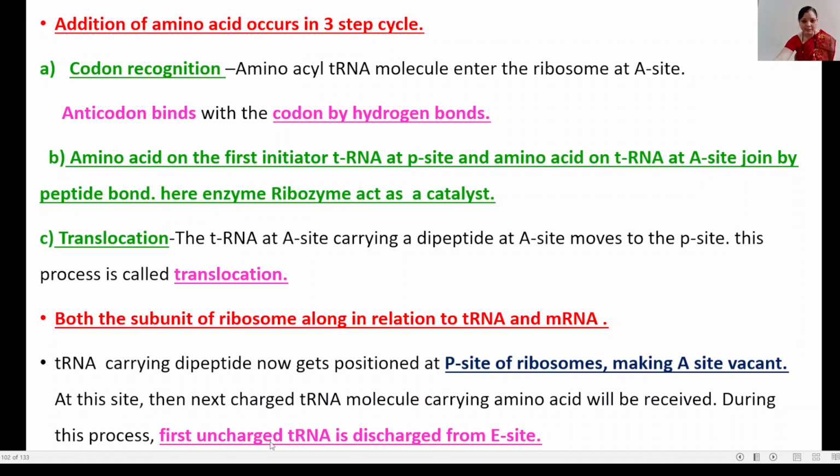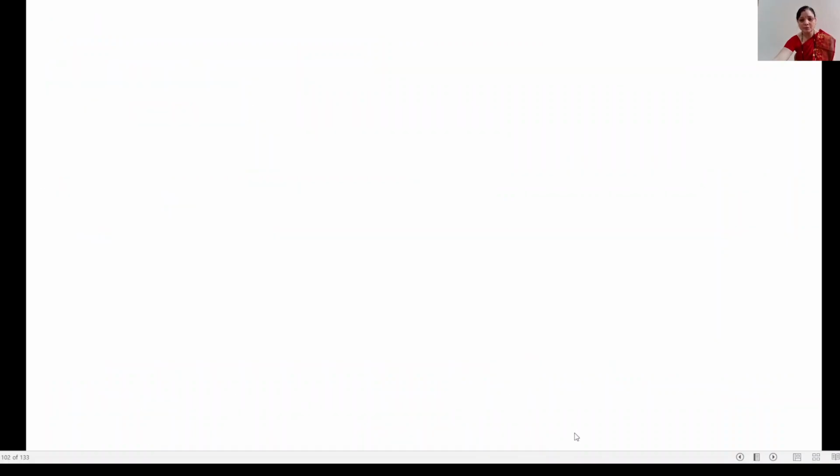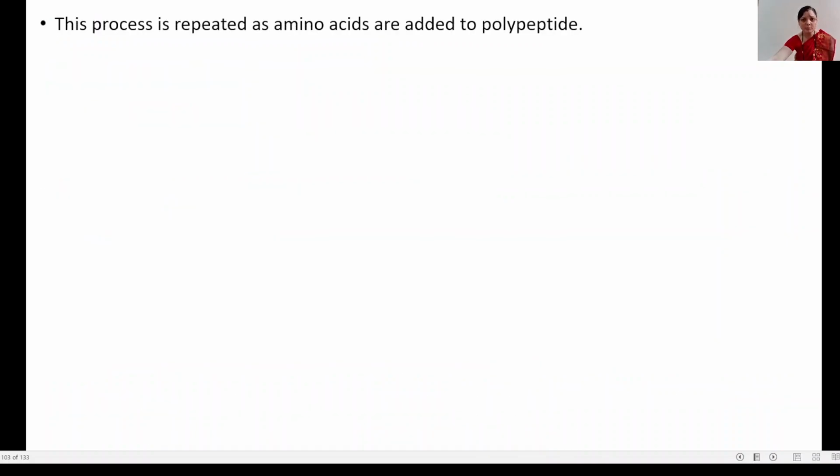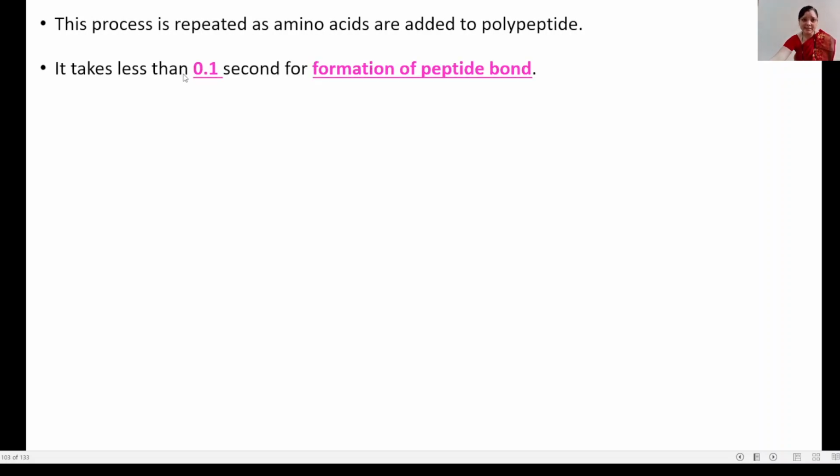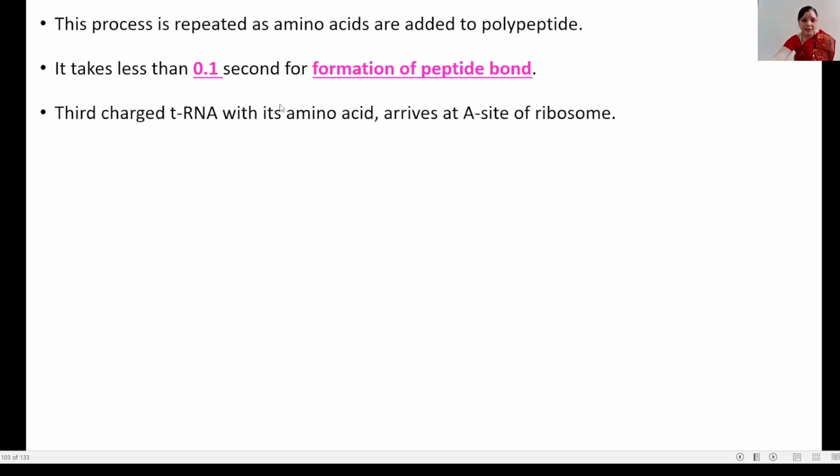During this process, the first uncharged tRNA is discharged from the E site. This process is repeated as amino acids are joined to the polypeptide. It takes 0.1 second for the formation of the peptide bond.